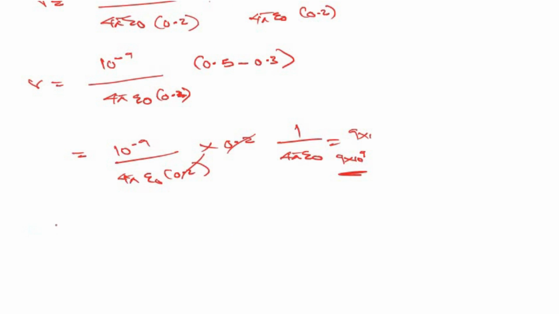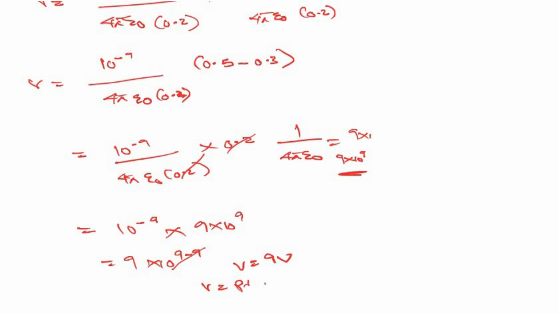So instead of putting epsilon naught, you can just put 9 times 10 raised to the power of 9. So this is equal to 9 times 10 raised to the power of 9 minus 9, which is 0. So V is equal to 9 volts, and this V is the same thing as the potential difference, which is 9 volts.